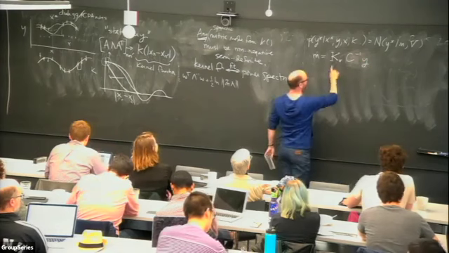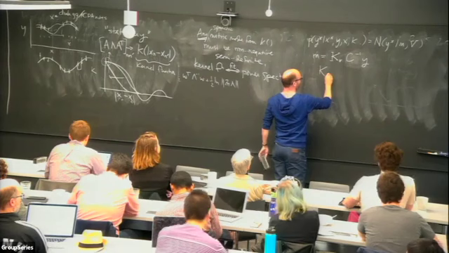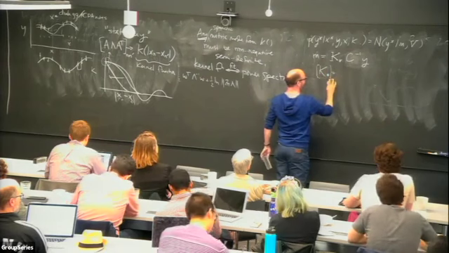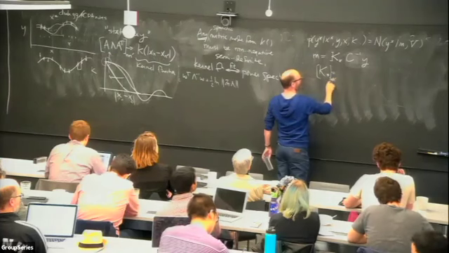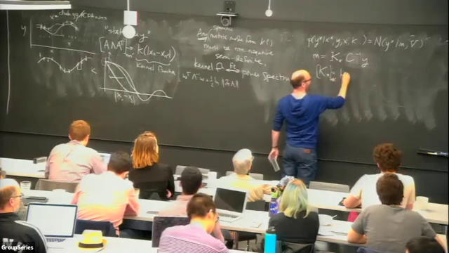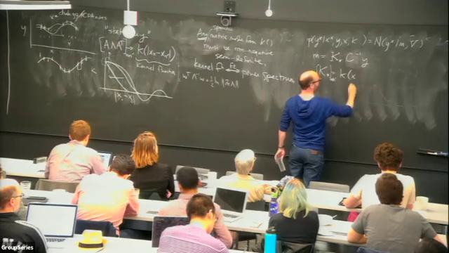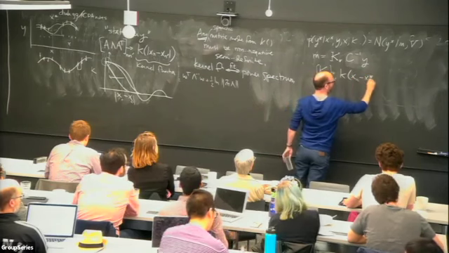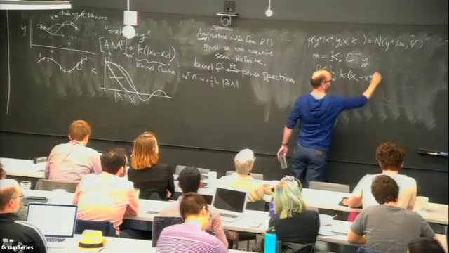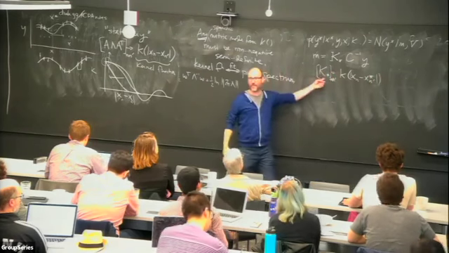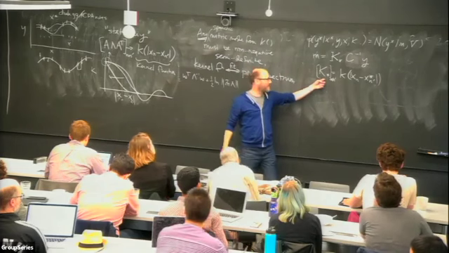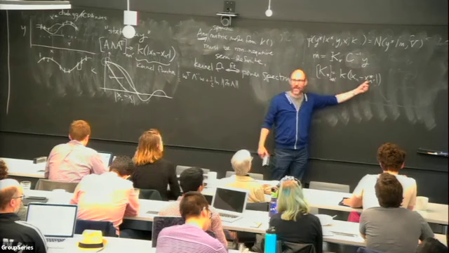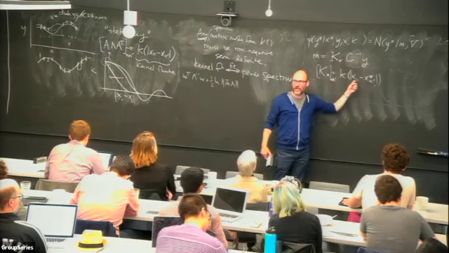And let me just define these terms. The n, n prime element of K star is the kernel matrix evaluated at x_n and x star n prime. So this is a rectangular matrix that tells me the covariance between my old locations and my new locations.